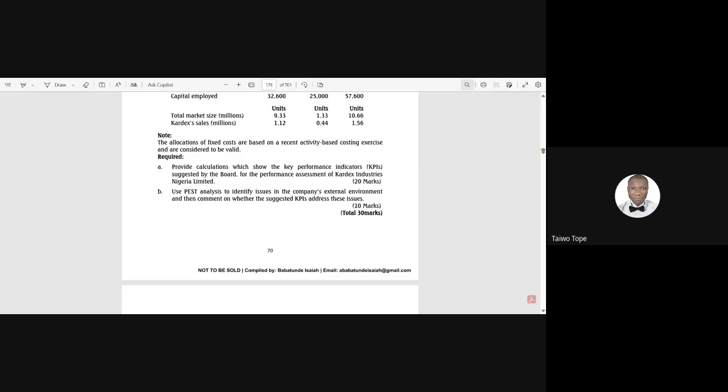Yes, the lifestyle of the people, and the consumer attitude towards this particular product are issues you need to write on. So once you just read and write about what you understand by PESTEL, analyze each of the letters P, E, S, and T in relation to the scenario that is given.